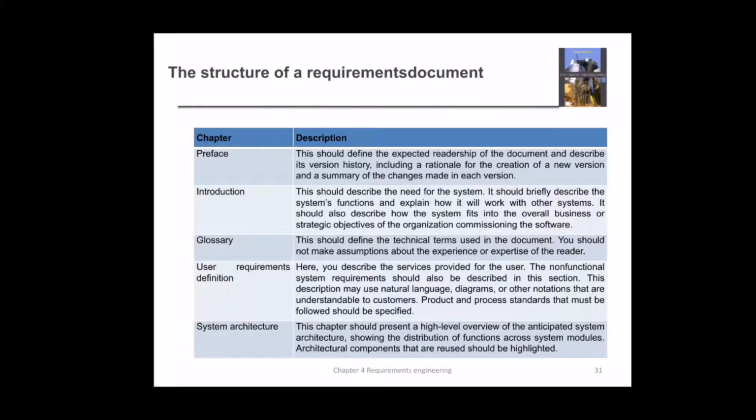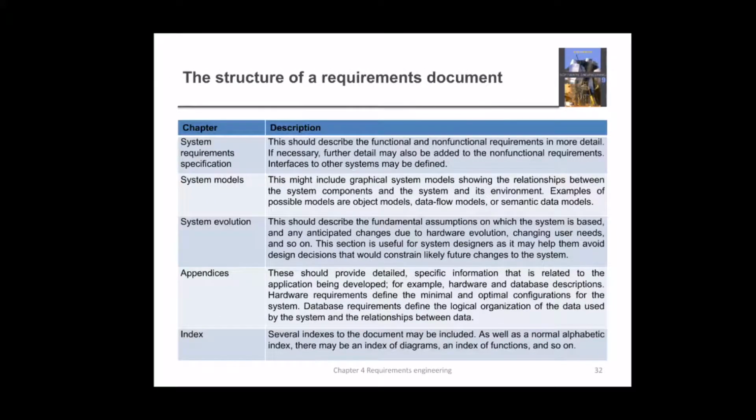Then we have the system architecture. This chapter should present a high-level overview of the anticipated system architecture, showing the distribution of functions across system modules. Architectural components that are reused should be highlighted. Then we have the system requirements specification, which is generally used by the developers or designers.